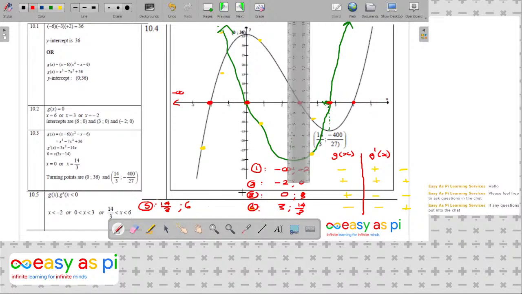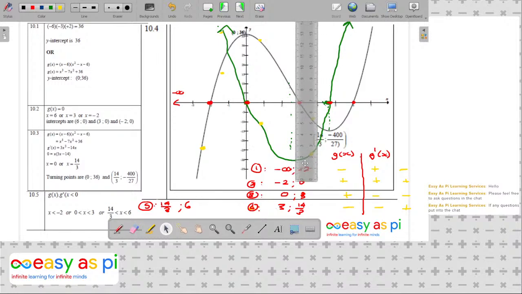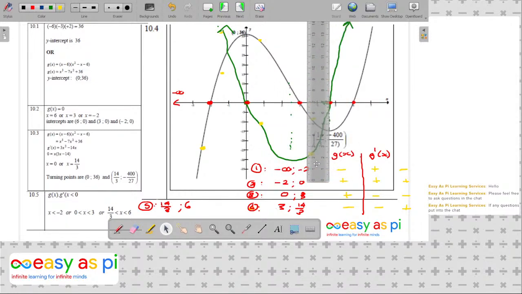So from 14 over 3 to 6, what do I have if I move the ruler? Okay. 14 over 3 to 6. Well, then I have a positive times a negative. Okay, so the derivative is positive, but the cubic is negative, so that's a negative times a positive. And we know that will give me a negative.